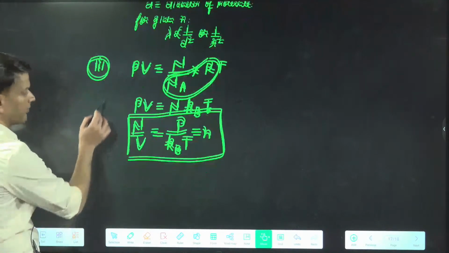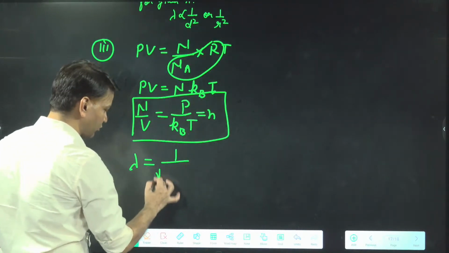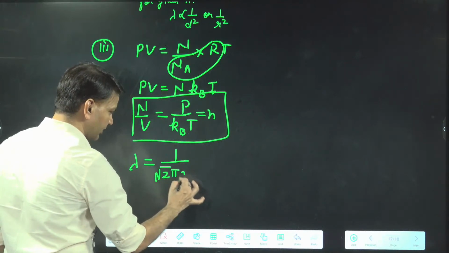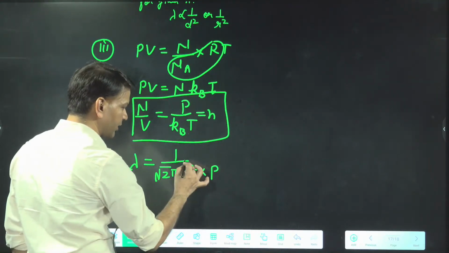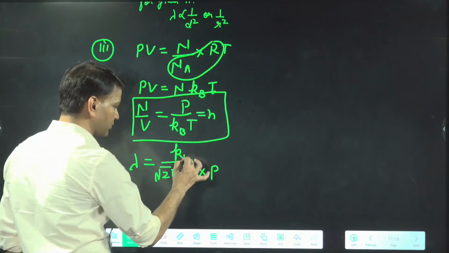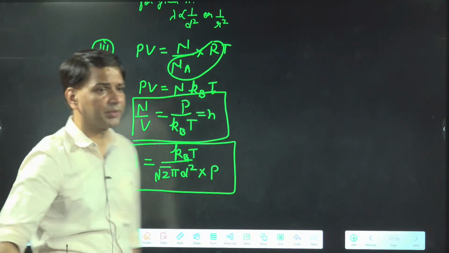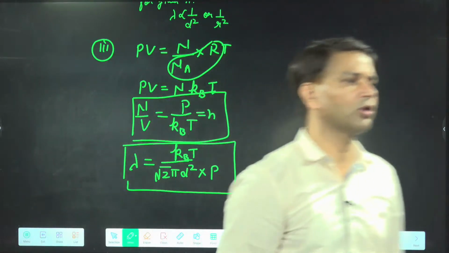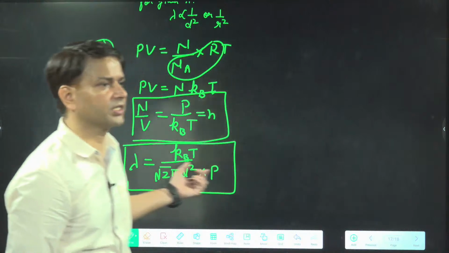Then we will get lambda is equal to 1 upon under root 2 pi d square. In the place of n I can write P by KB into T. KB into T will go up. So if they have given the condition of the temperature and pressure, and they have not given the number of molecules per unit volume, then we can use this pressure relation.